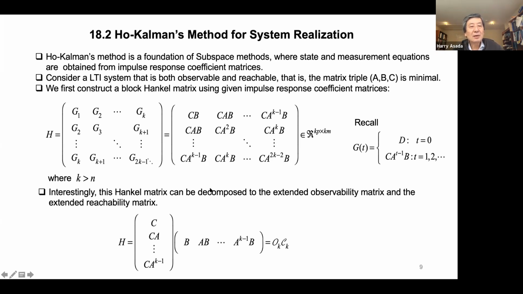So Kalman's method is the foundation of the subspace method, where the state and measurement equations are obtained from impulse response quotient matrices. Consider our linear time invariant system that is both observable and reachable.